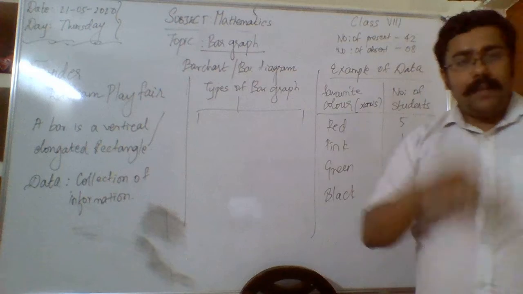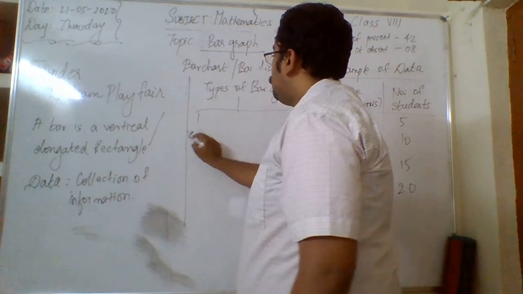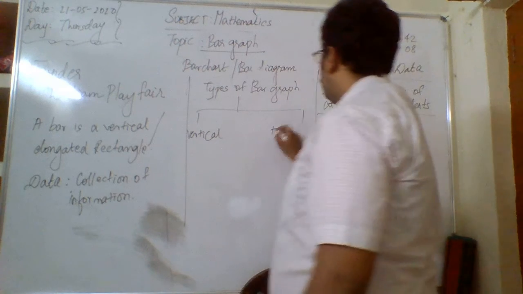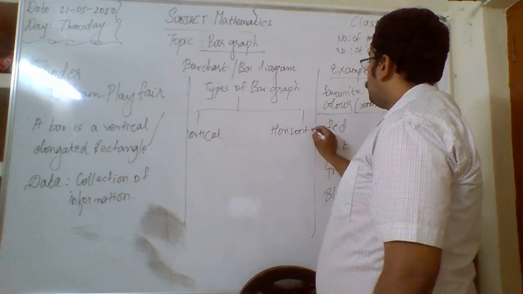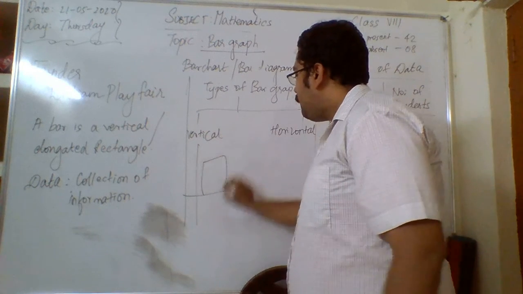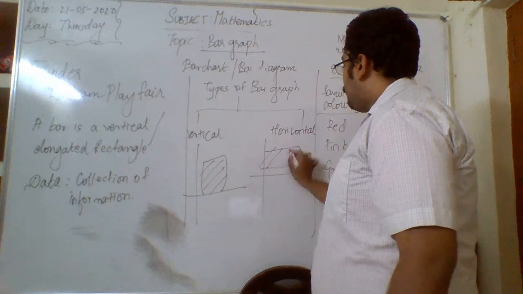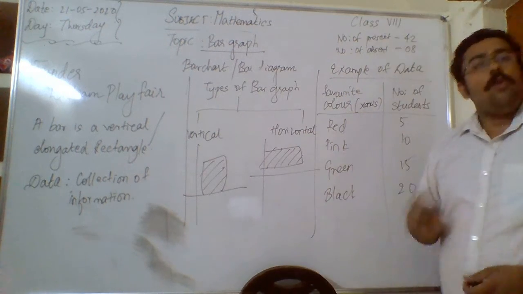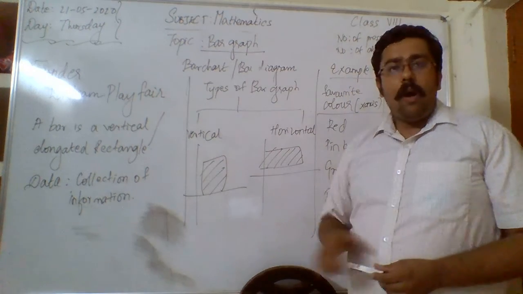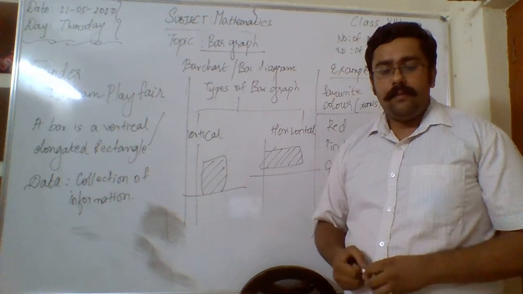One is the vertical bar graph, another one is the horizontal bar graph. So the vertical bar graph will be represented like this and the horizontal like this. In most cases in mathematics or statistics we mainly use the vertical bar graph.